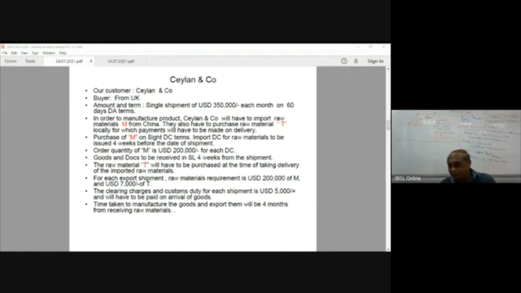If it is LC, the issuing bank will give an irrevocable undertaking. But if it is DA collection, then the remitting bank, collecting bank will not give any undertaking for payment.